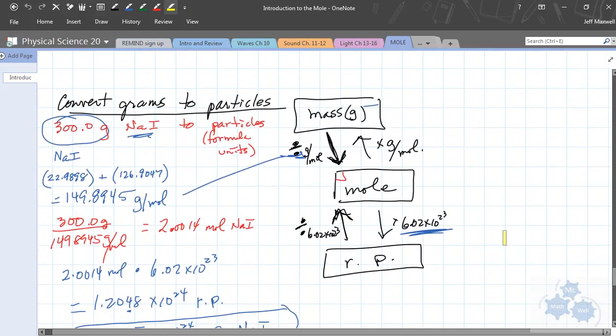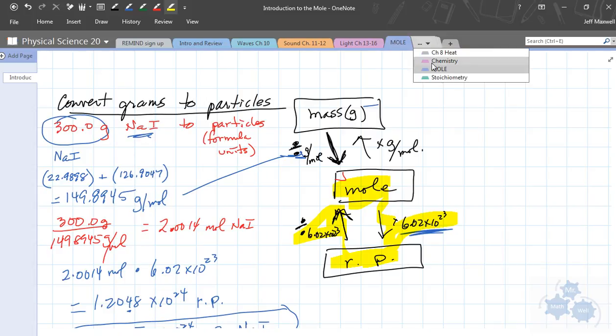Yeah, right here. See that? Mass to moles is divided by grams per mole. If you're going to go from moles up to mass, you multiply by grams per mole. So those are the conversions we might have to do in stoichiometry, and also moles to representative particles and back.